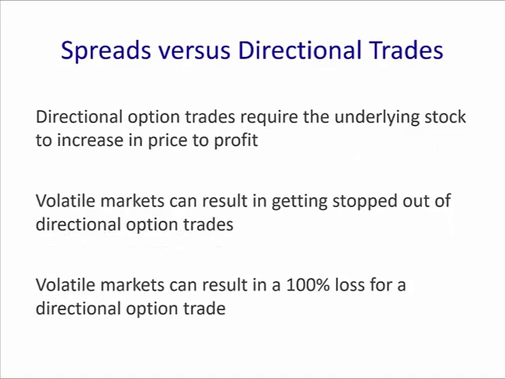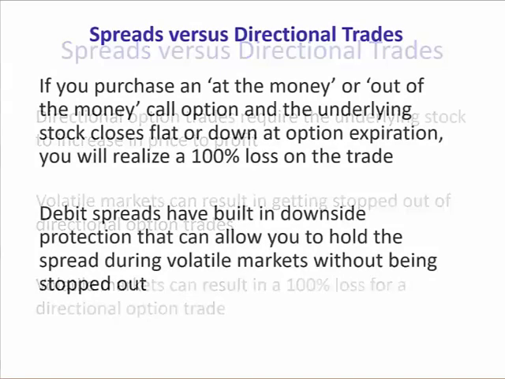And as I mentioned, directional option trades, call option trades, require the underlying stock to increase in price to profit. And when you're trading directional trades, volatile markets can result in getting stopped out, and volatile markets can result in 100% loss for your directional option trade.